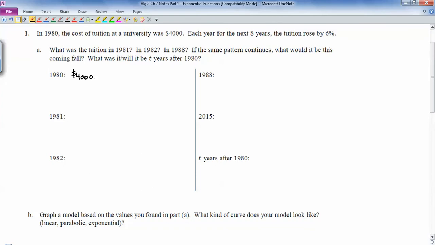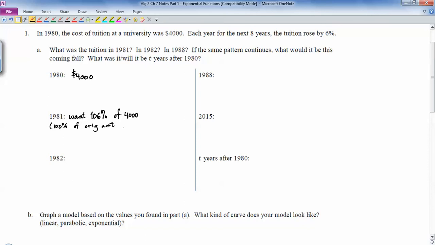Okay, in 1981, that's 1 year later, it went up 6%. So the way that you're going to want to train yourself to think about that is that you want to increase by 6% from the original $4,000. So what you really want is 106% of 4,000. And the reason for that is that you've got 100% of the original amount.